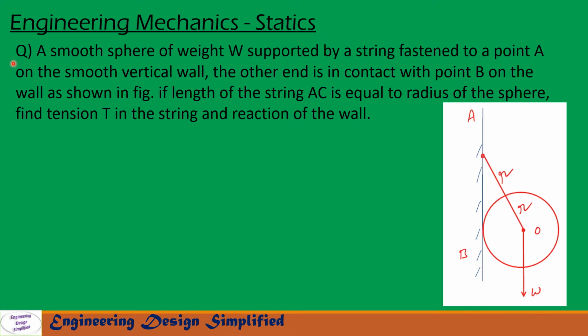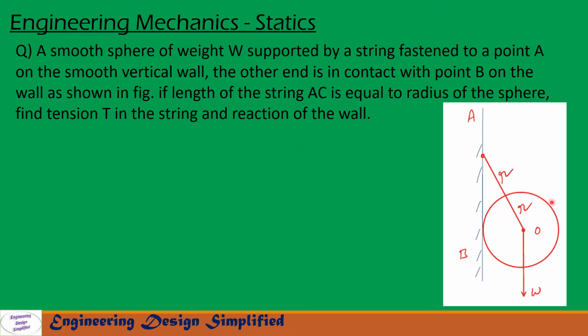Today's problem is a smooth sphere of weight W supported by a string fastened to a point A on a smooth vertical wall. The other end is in contact with point B on the wall as shown in the figure. If the length of the string AC is equal to the radius of the sphere, find the tension T in the string and the reaction of the wall.